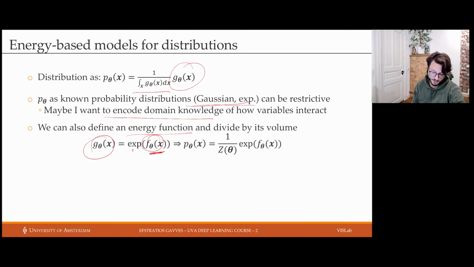So the energy function is f theta, or to be more precise, minus f of theta. And then again we can simply divide by the volume of that exponential of minus f theta.